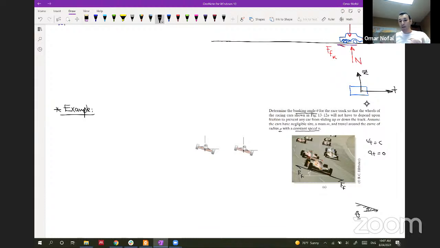So let's draw the free body diagram and the kinetic diagram. So here's the car. Let's just draw the free body diagram on this line.